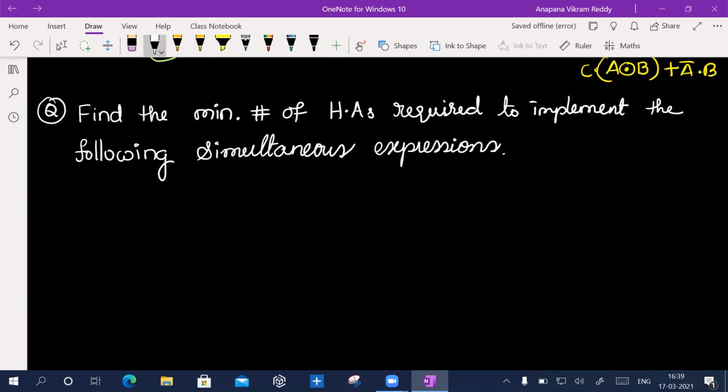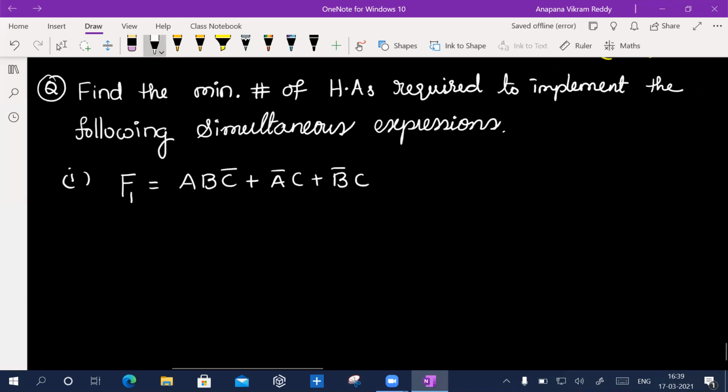The first expression is given like this: f1 is equal to A and B and C complement, or A complement C, or B complement C. And the second Boolean expression is given as the exclusive OR operation among the inputs A, B, C.